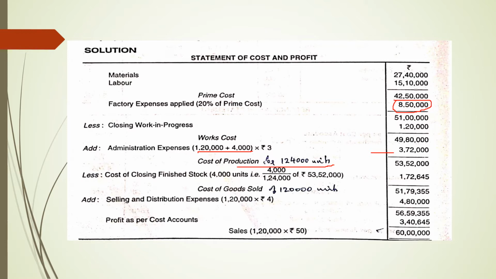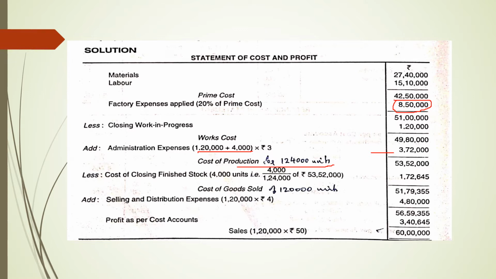Moving on to determine the profit, we need not only the cost of production; we have to compare the sales value with the cost of sale. How to get the cost of sale? Add the selling and distribution expense relating to the sale to the cost of goods sold. How to obtain cost of goods sold?